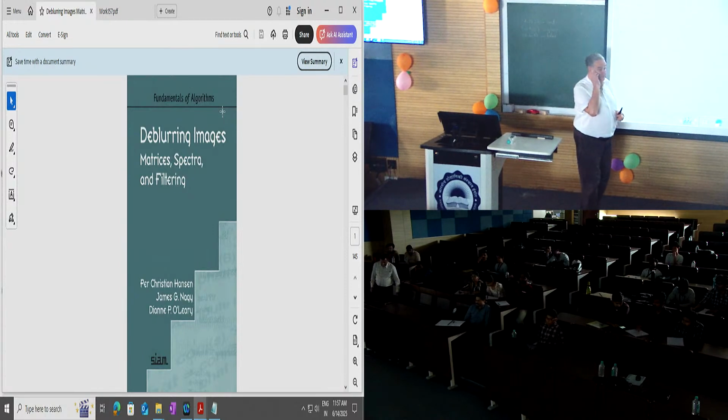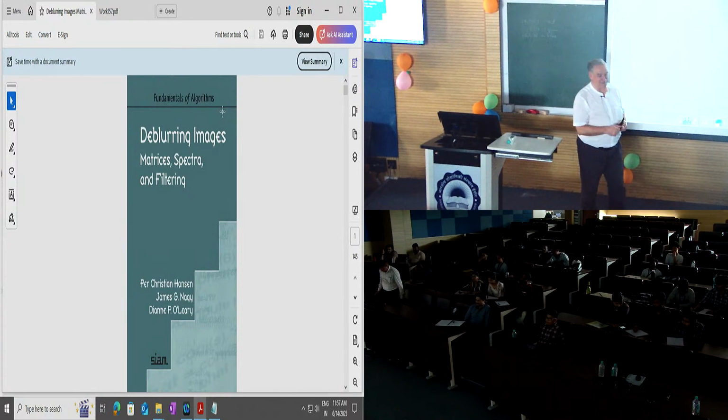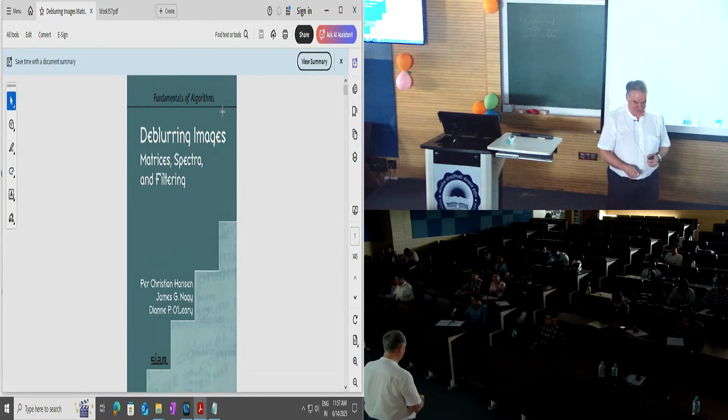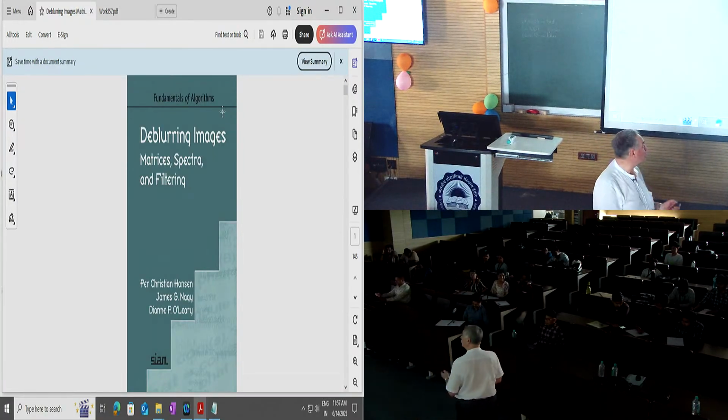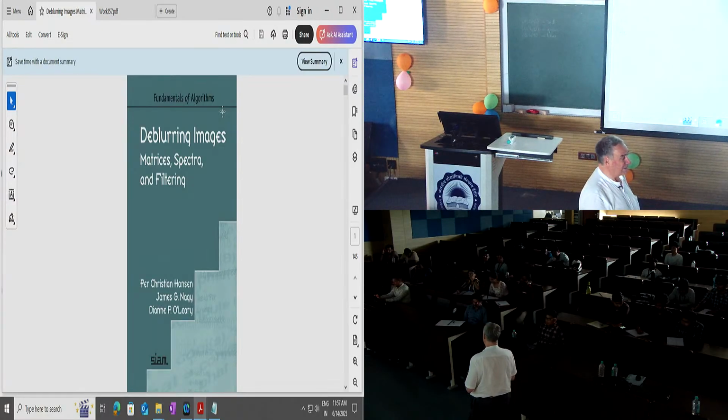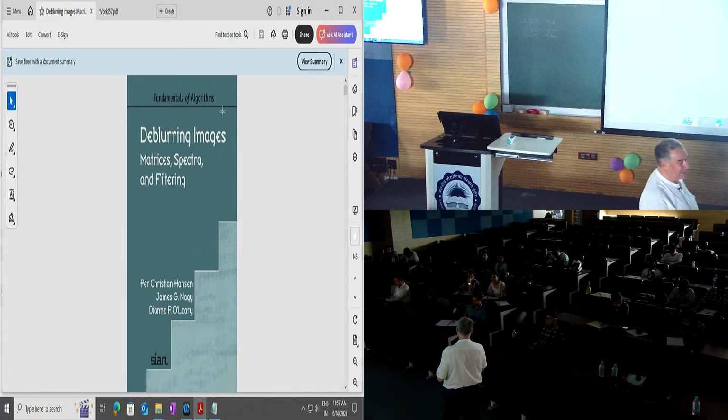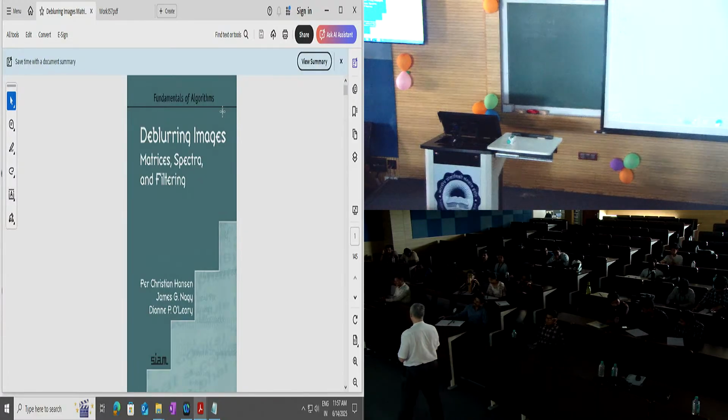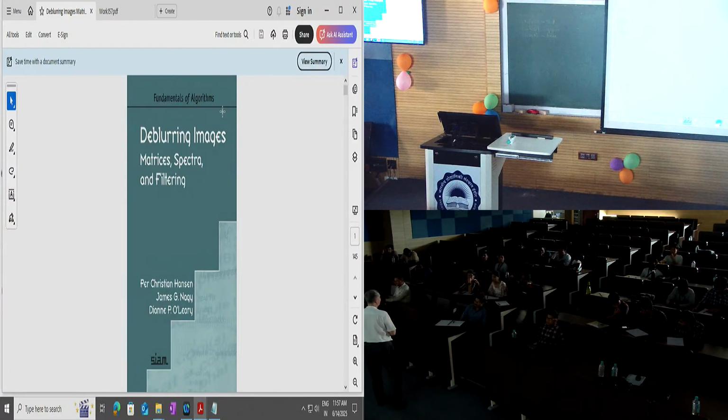First part of today's presentation aimed at one application of generalized inverses and least squares solutions in deblurring images. Deblurring images is one part of the image restoration problem.